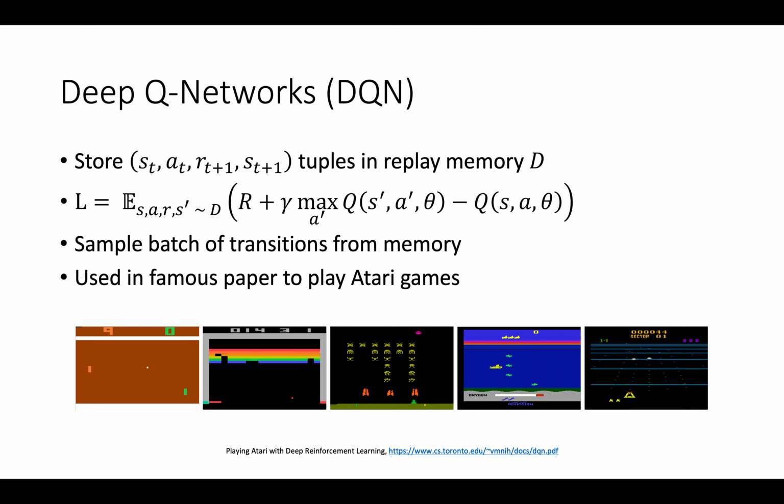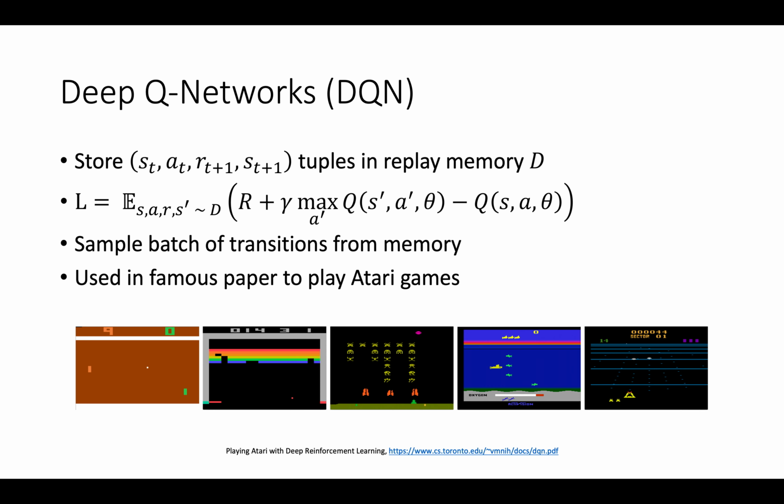It's reward plus gamma times the action value function under the best action minus what we predicted this action value function to be, and we're just going to backpropagate on this loss, and we're going to sample batches of transitions from this replay memory D. This is the algorithm that was used in the famous paper to play Atari games.